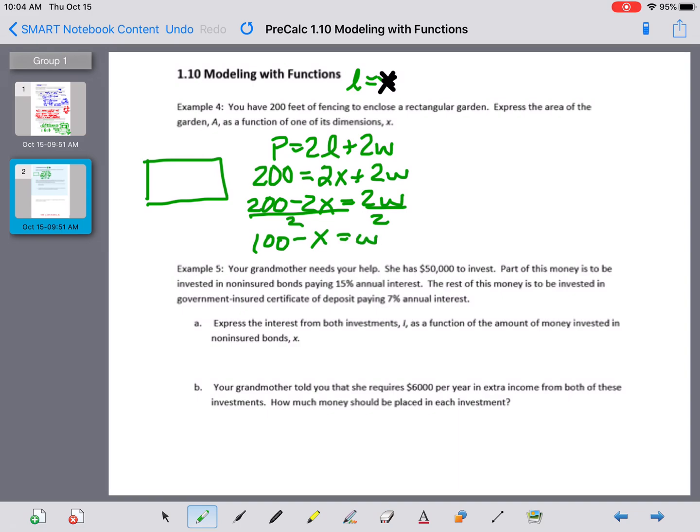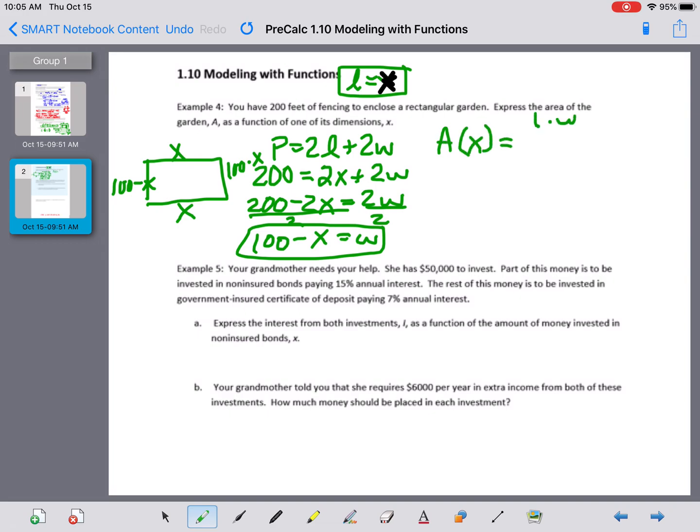So my length here is x, and my w is 100 minus x. So each of these sides: x, x, and 100 minus x. That gives me both of my dimensions in terms of x. So now when I want to find the area, A of x, as my function, well, area, remember, is length times width, so it would be x times 100 minus x.